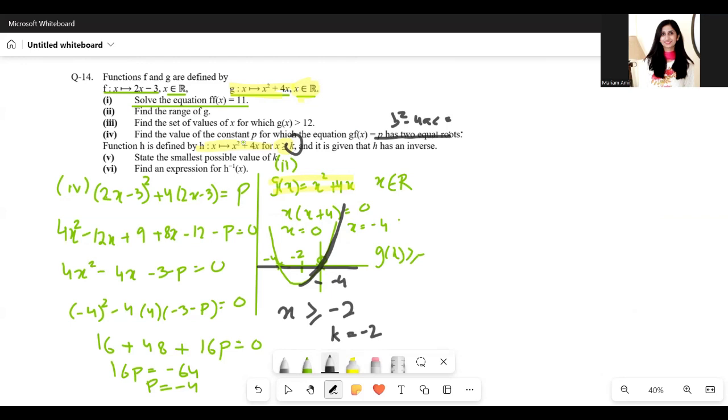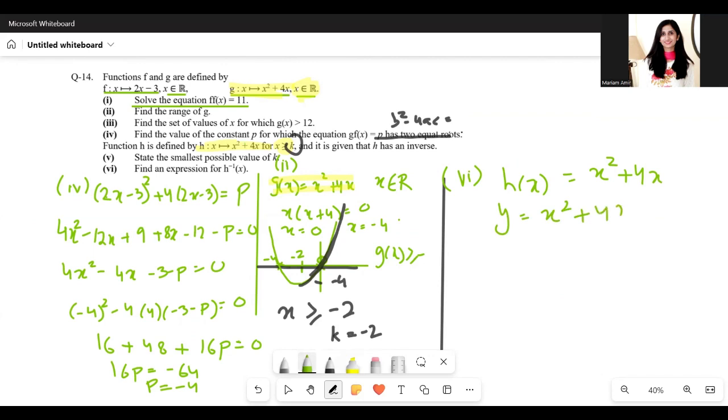Okay, moving on. Part 6, find an expression of h inverse of x. So h of x is already x squared plus 4x. Now for its inverse, you will need to make x the subject here. y is equals to x squared plus 4x.